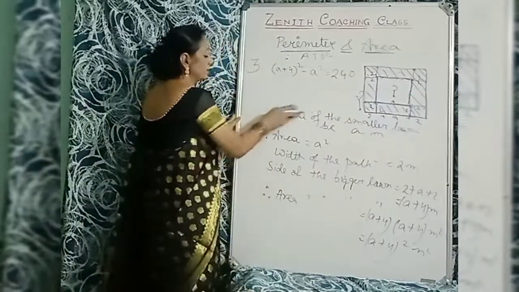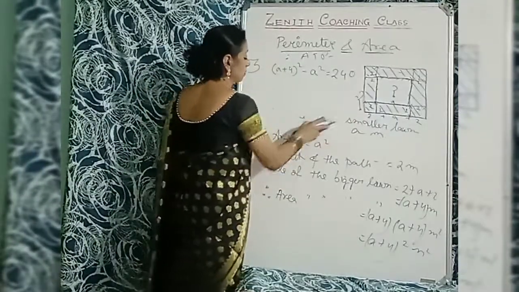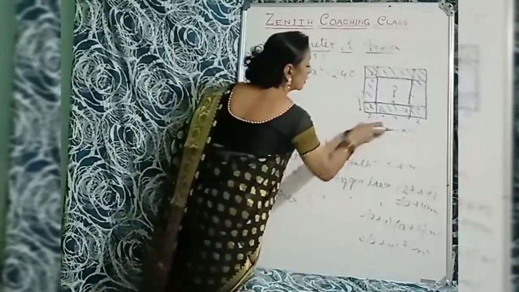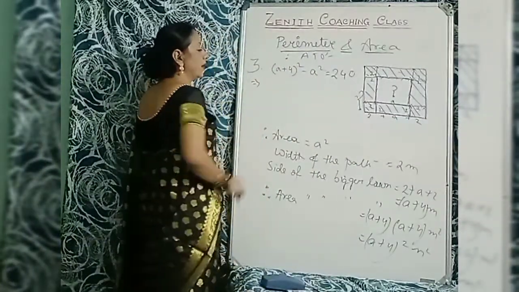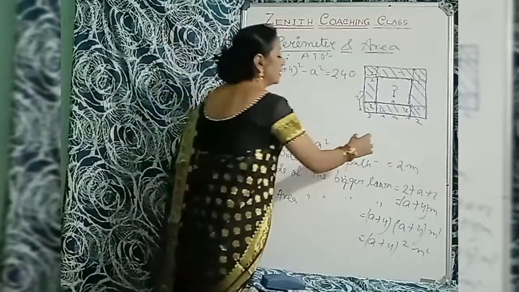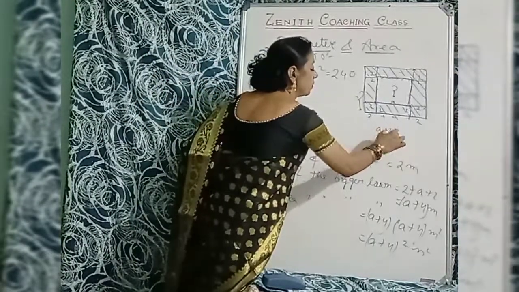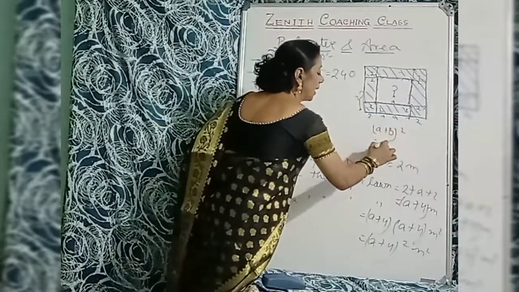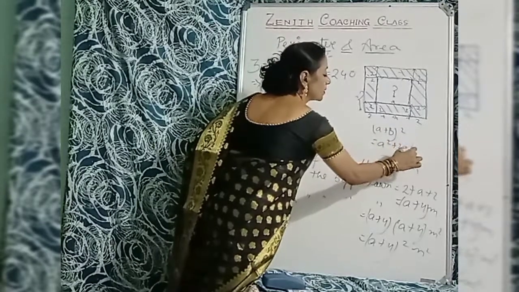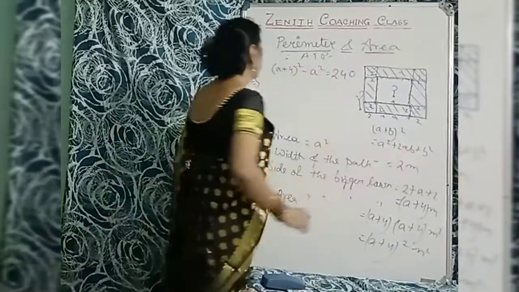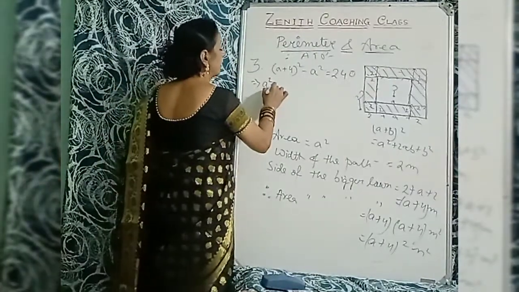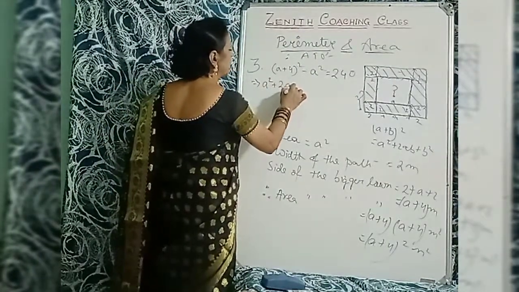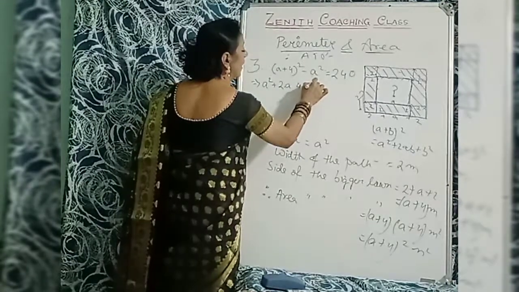Now a plus 4 whole square. You know a plus b whole square equals a square plus 2ab plus b square. So here is a and here is b. So a plus 4 whole square equals a square plus 2 multiplied by a multiplied by 4 plus 4 square.